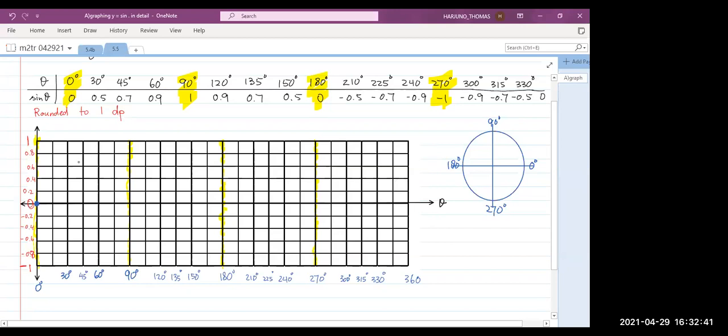Sine 30 degrees is 1/2, in fact precisely 1/2. Sine 45 degrees is 0.7. Sine 60 degrees is 0.9. It's actually 0.86, but it's close to 0.9. And then sine 90 degrees is 1.